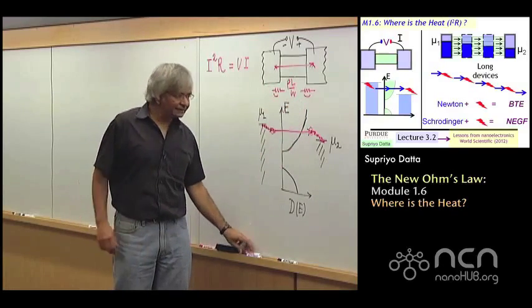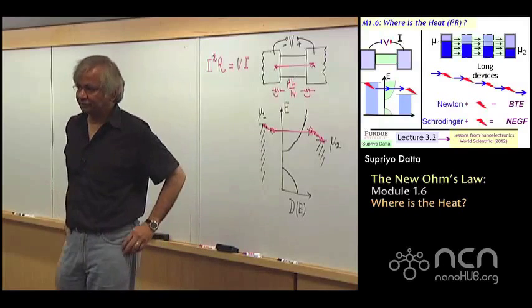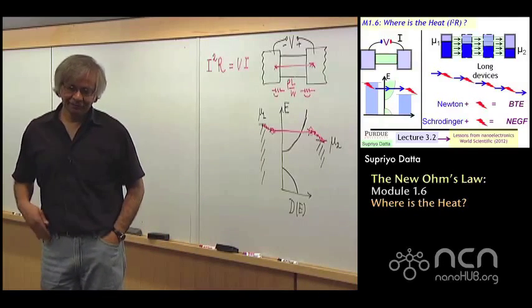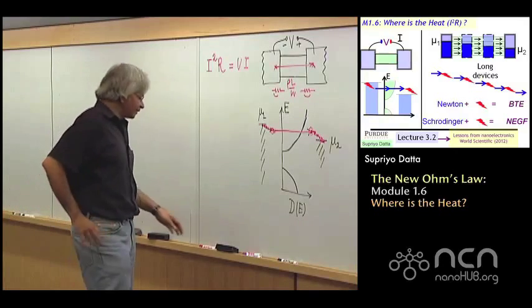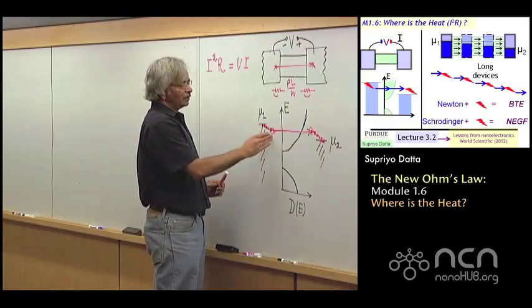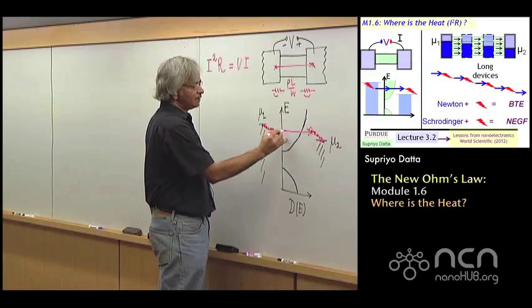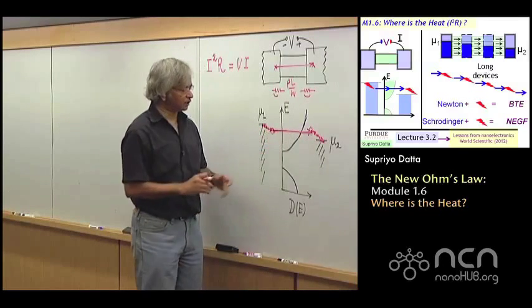And that is actually what helped us a lot in whatever we did this week, because we said that electrons go from one end to the other at the same energy, whatever energy they start out at.